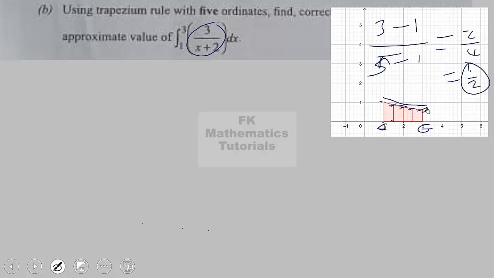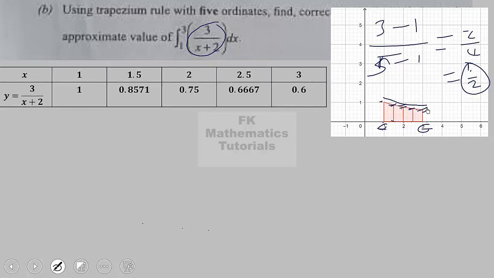And then we find the area. So when we do that, we can see this. The y value for x equal 1 is 1. You can see in the graph, 1.5 gives 0.857, up to 0.6 for x equal 3 over here.